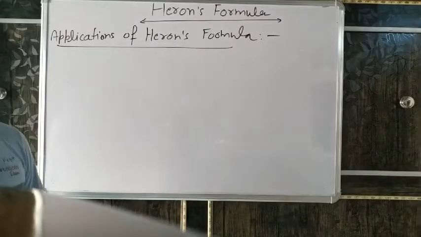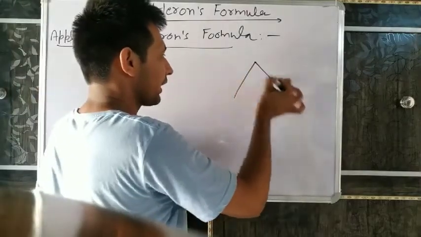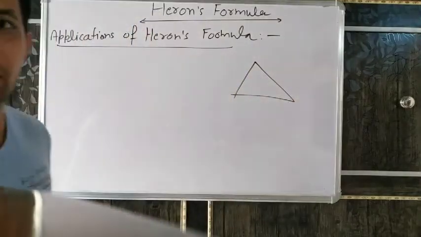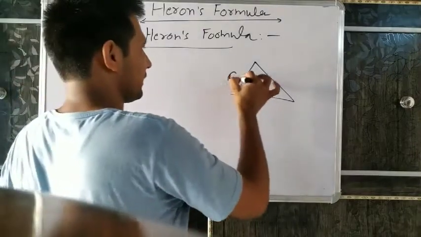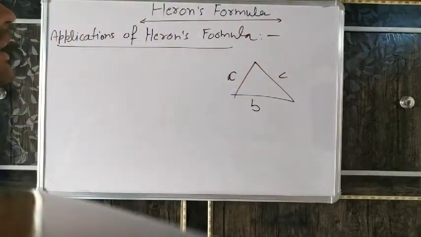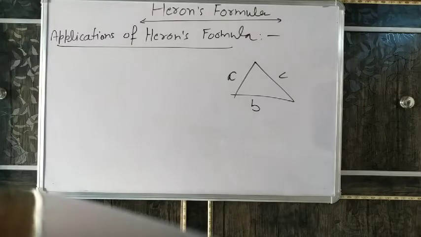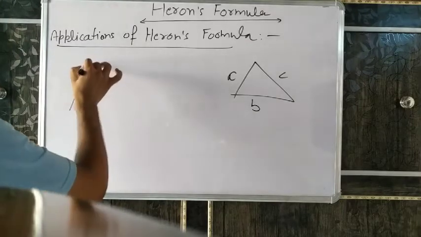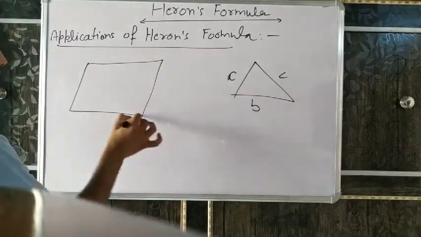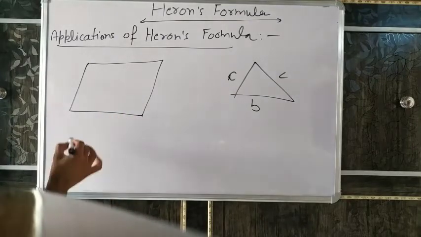Heron's formula is used for finding the area of a triangle when all three sides A, B and C are given. But we can also use Heron's formula for finding the area of a park, or the area of a quadrilateral. A quadrilateral is a closed figure made by four sides.